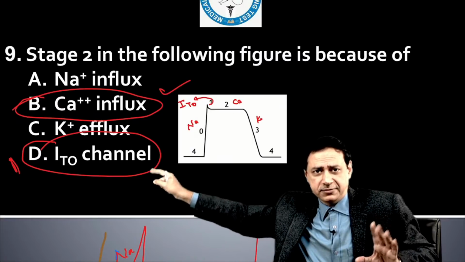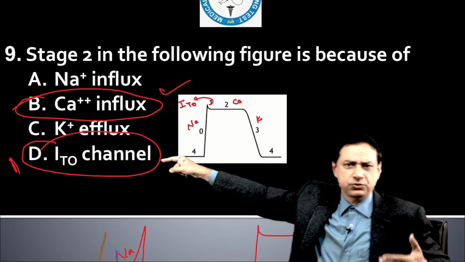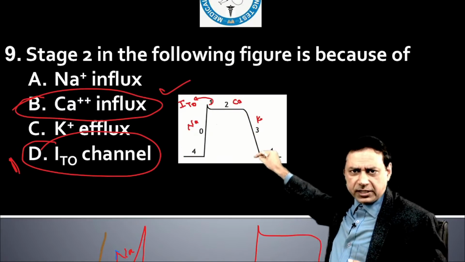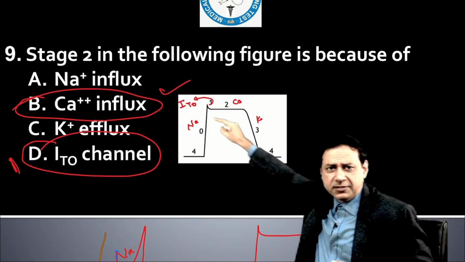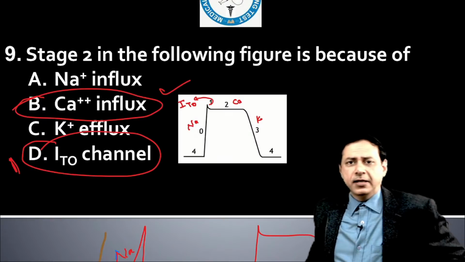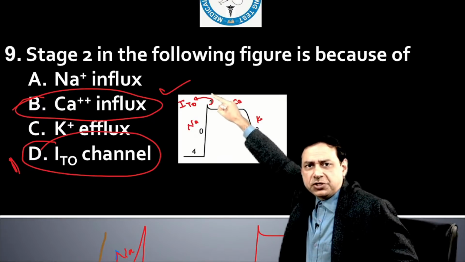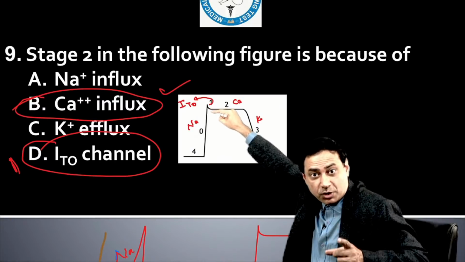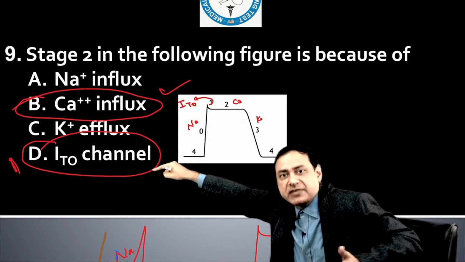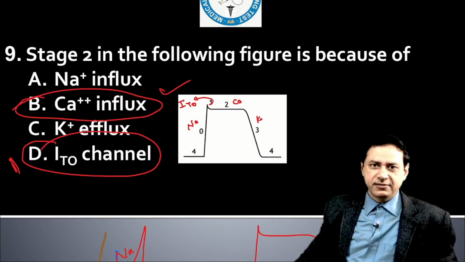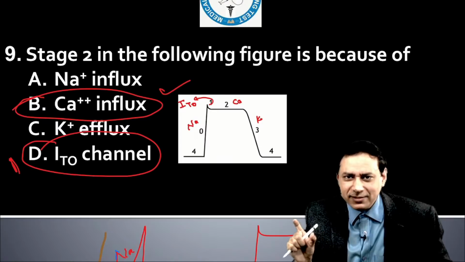Is it clear? So this will become a difficult question. Why do we have stage 1? Why small recovery, not full recovery? This small recovery is because of potassium, as recovery is always because of potassium. But why not full? Because it is a special variety of potassium channel, the ITO channel, transiently outward current.